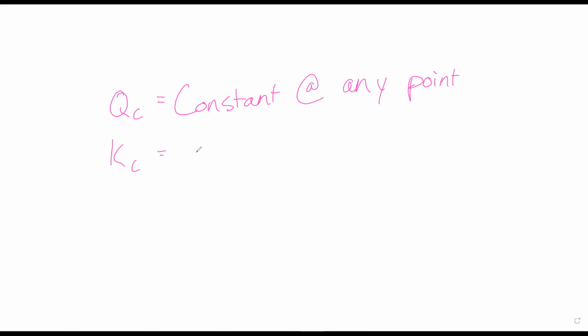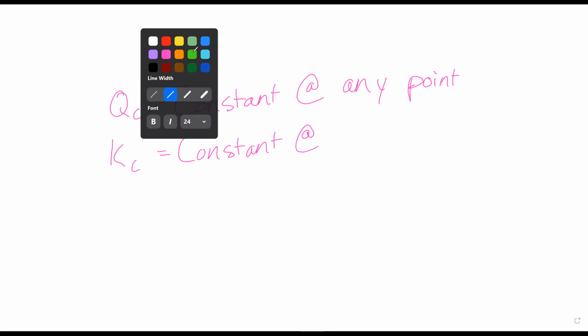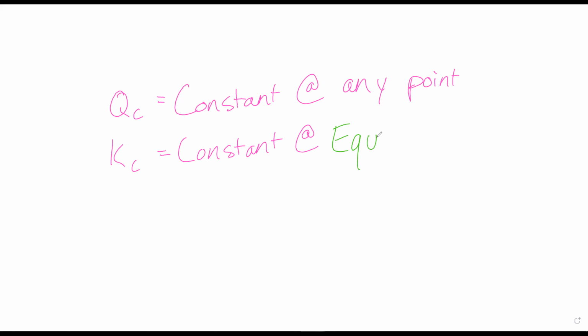KC is the constant at equilibrium. So why does this matter? Well, sometimes you're given numbers and you don't know whether or not they are at equilibrium because the question doesn't tell you. In that case, you would consider those numbers at QC.